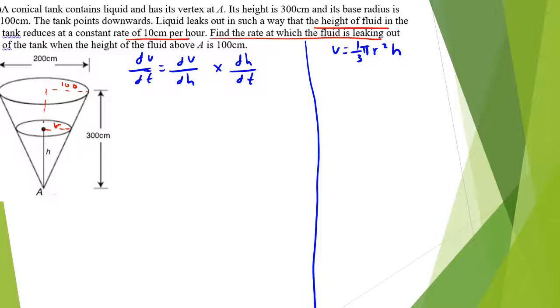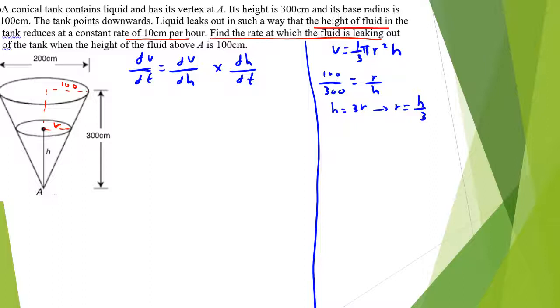Using the similar triangles rule, the ratio of the lengths of their sides are equal, which means 100 over 300 is equal to r over h. Rearrange, you will end up with h equal 3r, so r is equal to h over 3.